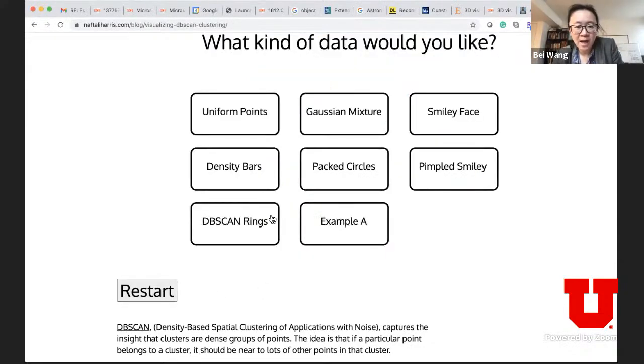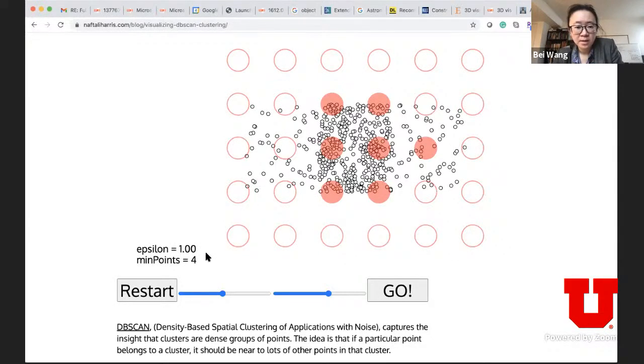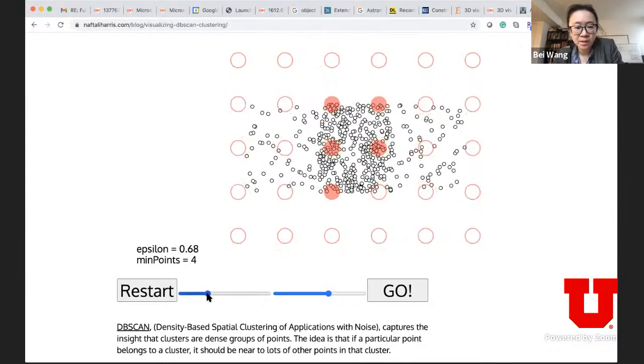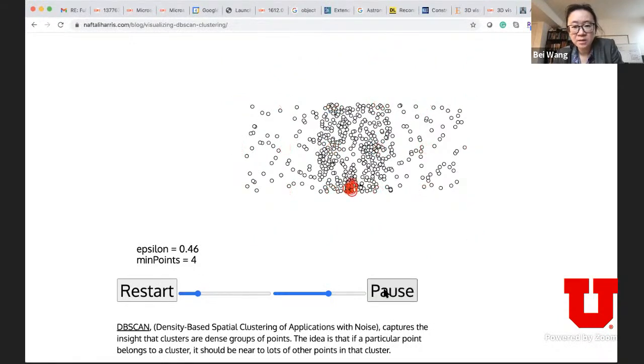And I can go back to say the density bar, right? For example, in here, what happened is that my underlying clusters have very different densities, and then you kind of grow, and most likely it depends on the density.